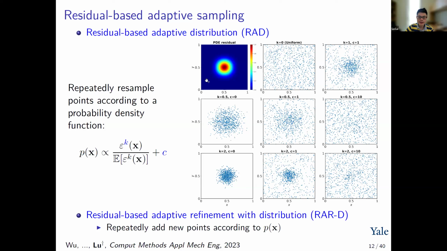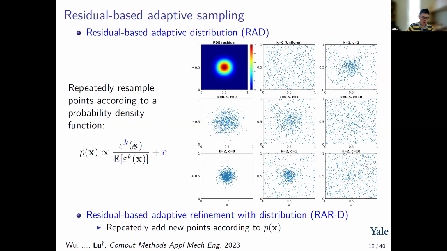So for example, if this is our PDE error or PDE residue, we have large error in the center and a small error on the boundary. This is just a demo example. It's not the real case. Then we can sample more points according to this equation I show you here. Basically, for each location, we can measure the current error of the PDE at this location, which is epsilon x.